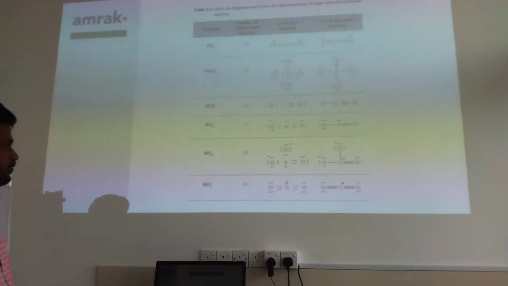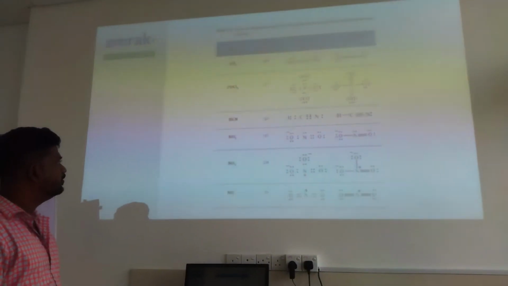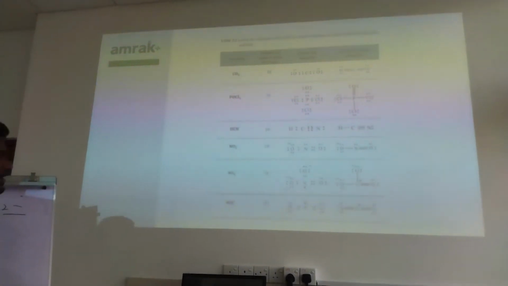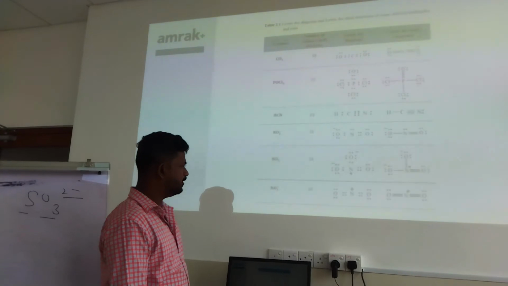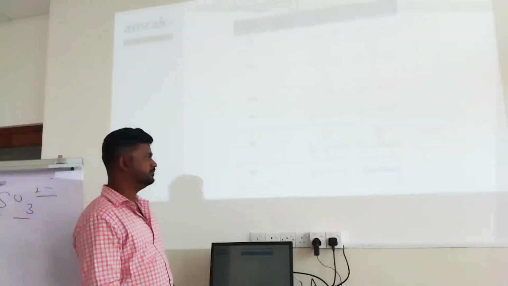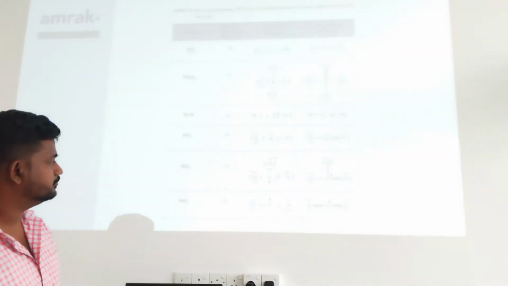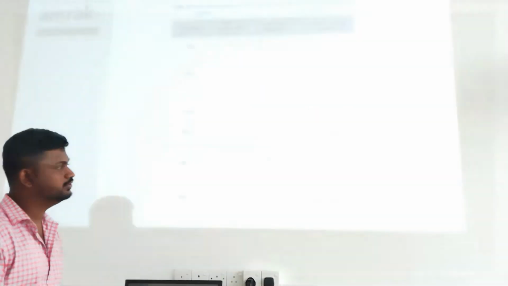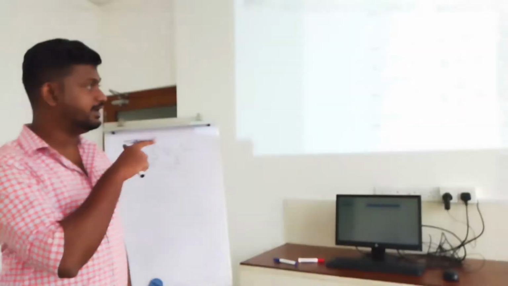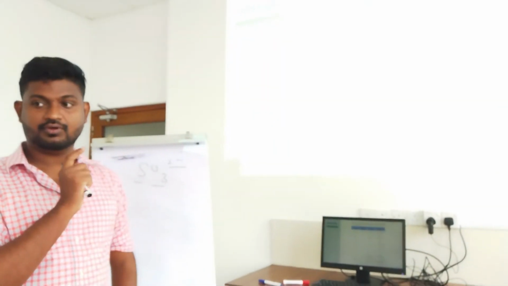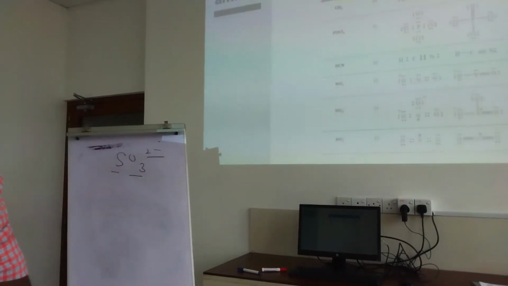NO2 minus, NO3 minus, NO2 plus. So when you are drawing the NO3 minus also, there is a double bond. Okay. So in order to stabilize it, you have to put the double bond.